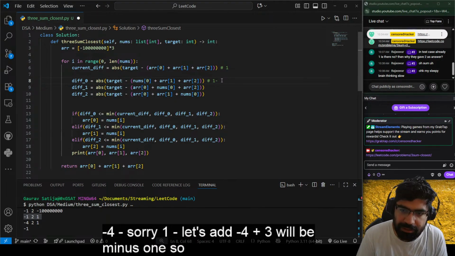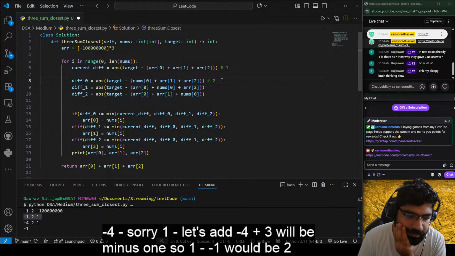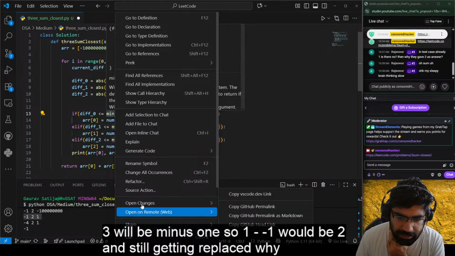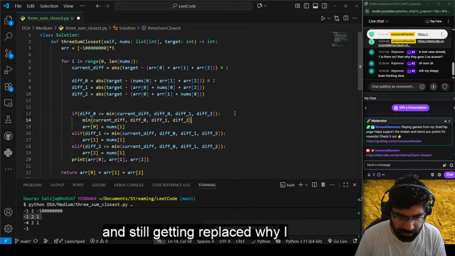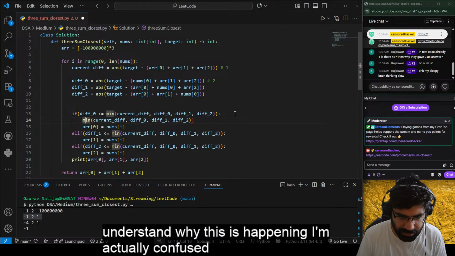So 1 minus -1 would be 2. It's still getting replaced. Why? I don't understand why this is happening. I'm actually confused. This should not happen, right?